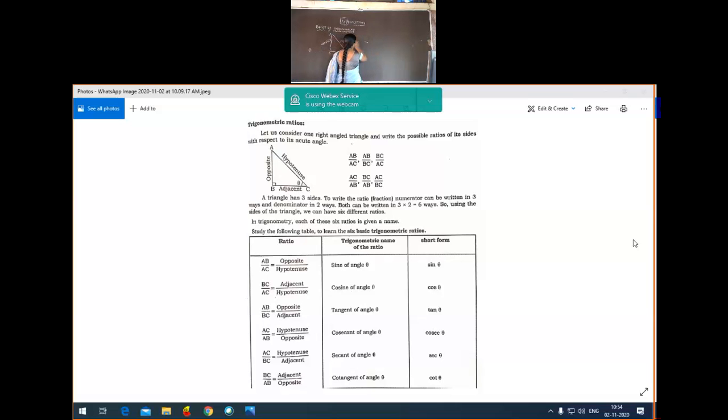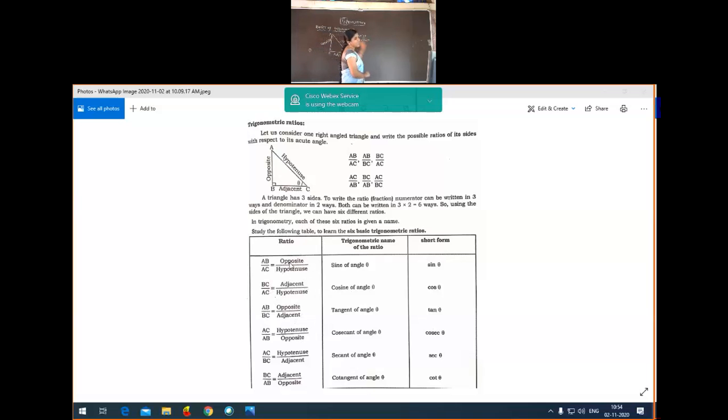Yes. We'll start with the sides naming. First one, AB by AC we covered, no? That is opposite divided by hypotenuse. First one.